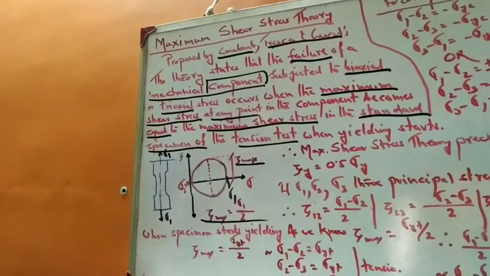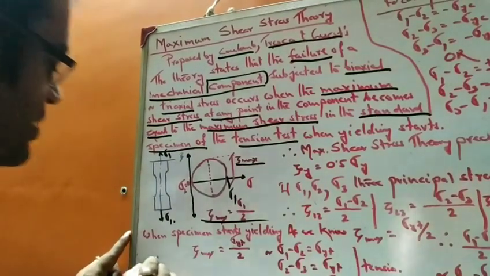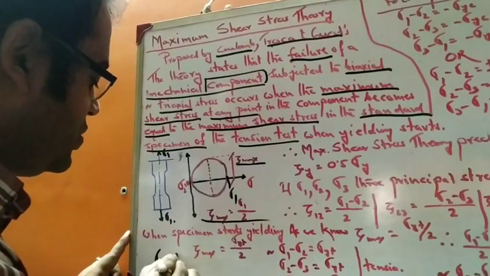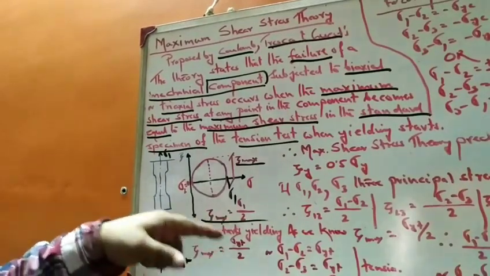If when the specimen starts yielding, that is when sigma 1 becomes equal to sigma yield in tension, what happens? Then tau max should be equal to sigma yt by 2.